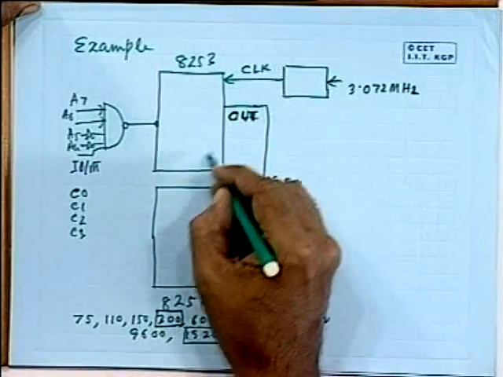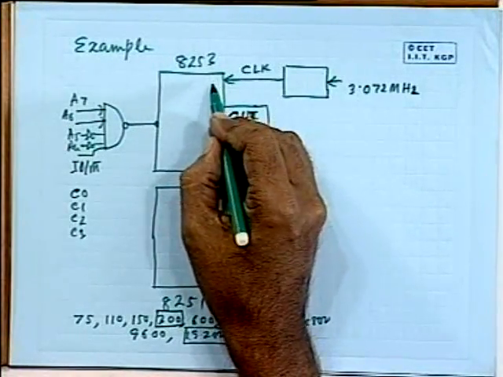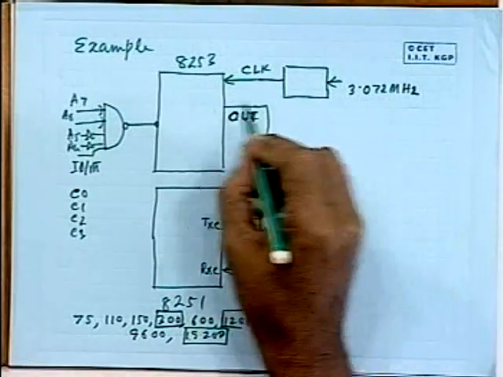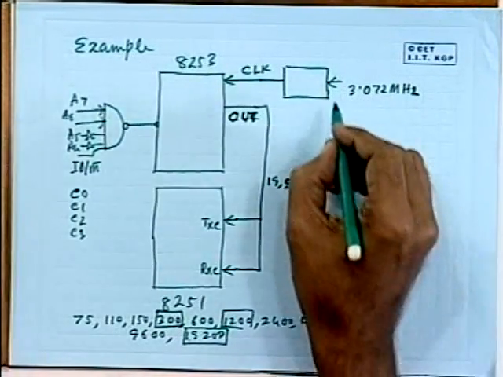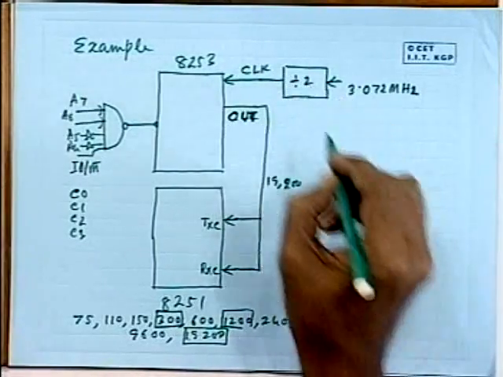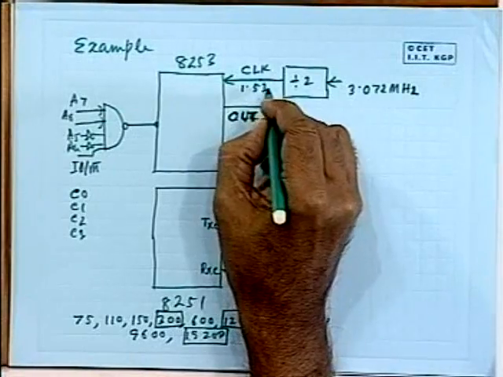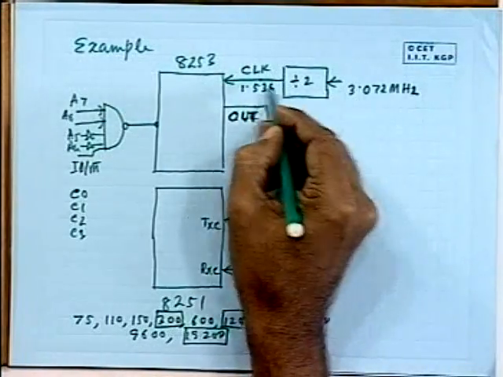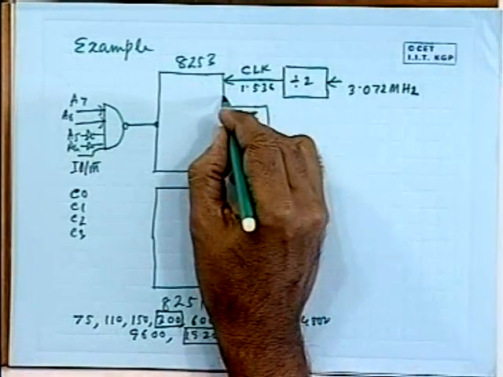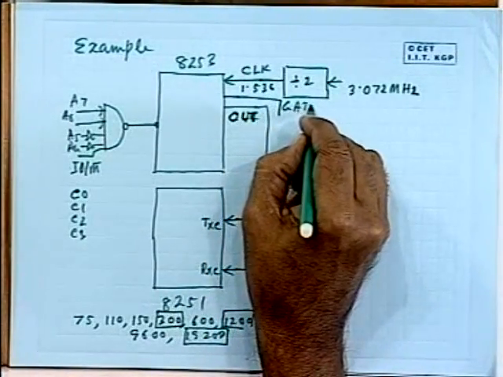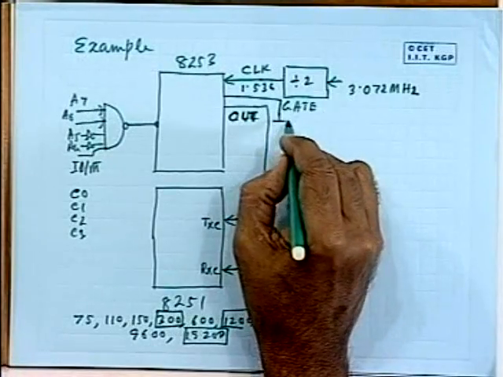Since the maximum frequency of the 8253 is 2 megahertz, you cannot apply 3.072 megahertz to the 8253. So you have to divide it by 2 to get 1.536 megahertz to be applied to the clock. Let's assume the gate input is connected to VCC.